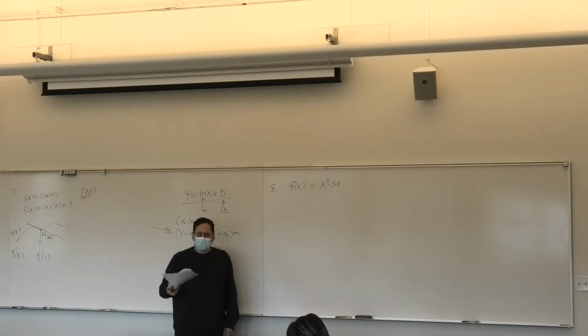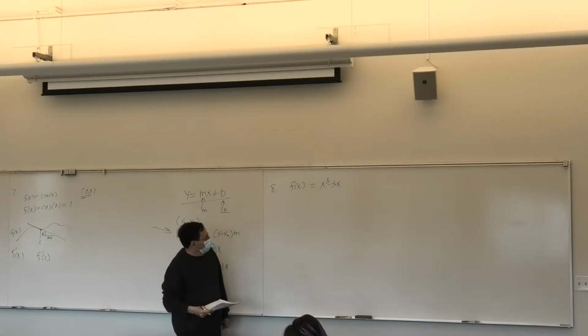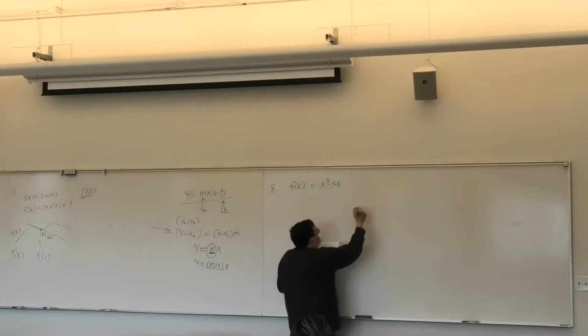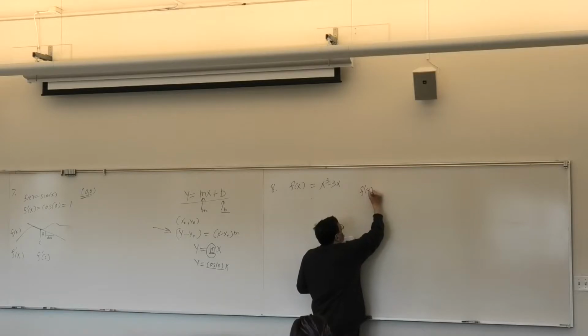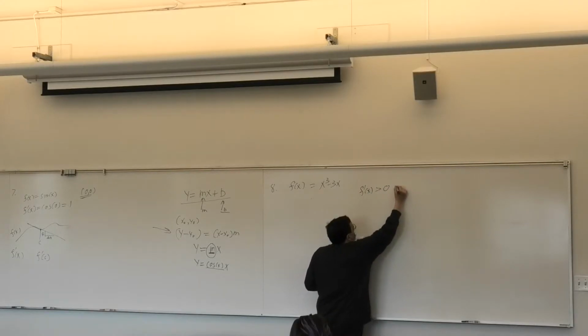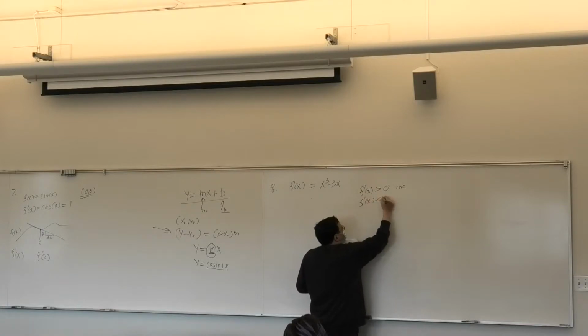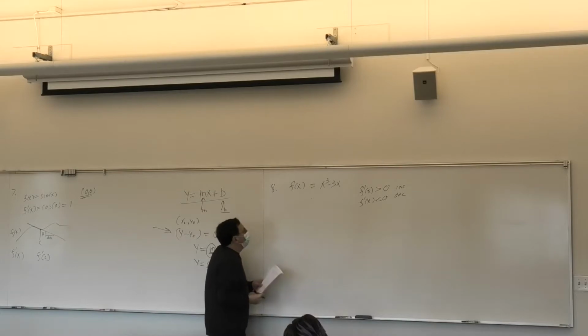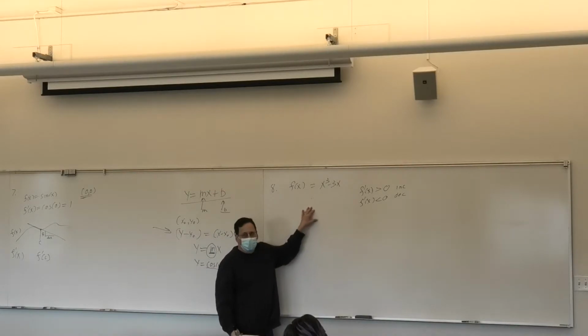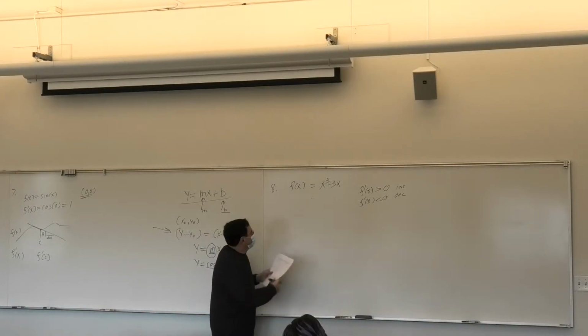The first derivative test tells us where a function is increasing or decreasing: where the derivative is greater than 0, it's increasing; where the derivative is less than 0, it's decreasing. Some people forgot to find a derivative. All right.